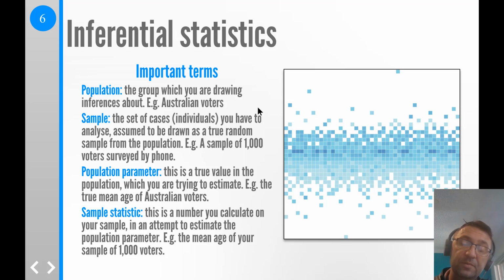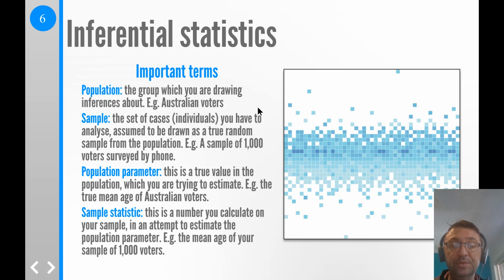Okay, then we have two numbers. The first is the population parameter. This is the true value in the population, which you're trying to estimate. So this might be, well, I've given it here, the mean age of Australian voters. The thing about the population parameter is that you know it exists, but you don't know what it is, unless you've got something like the Australian census.